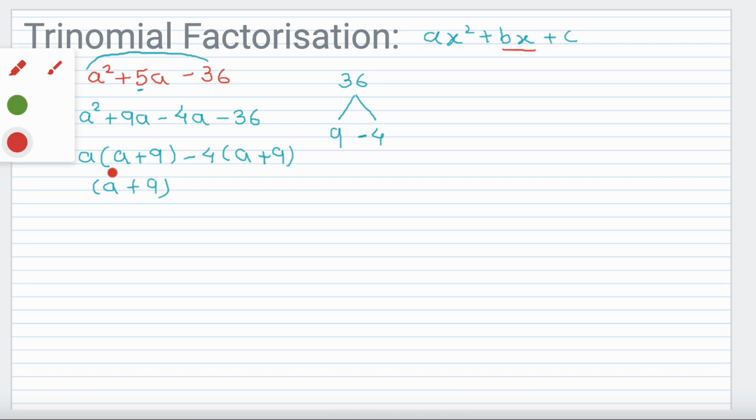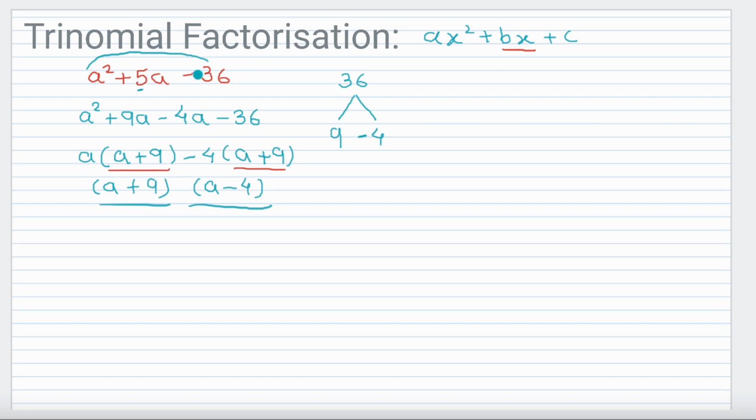As you can see, this bracket is common, so I am writing this bracket one time, a plus 9. And in the second bracket I am going to write the remaining ones, that means a and minus 4. So these are the factors of this trinomial expression. So we have completed this one here.